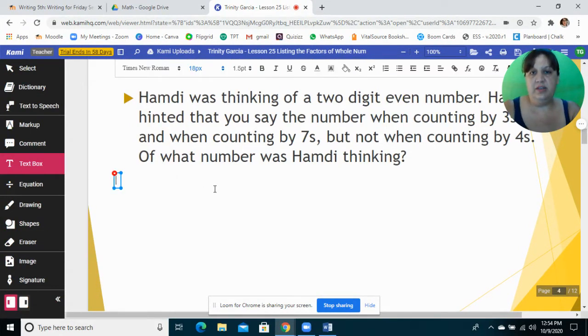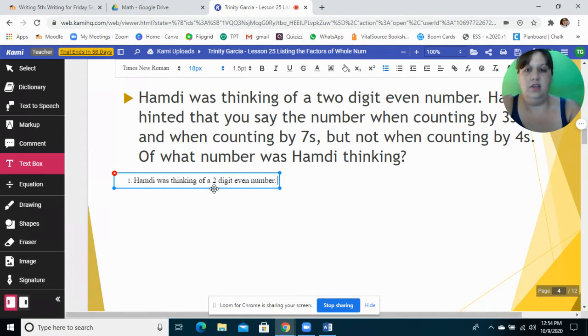The first information that we're given is that Hamdi was thinking of what? A two-digit even number. You should have that written out on your paper under the title Understand. Okay, that's the first thing that we know. The second thing we know is that we say the number when counting by threes.